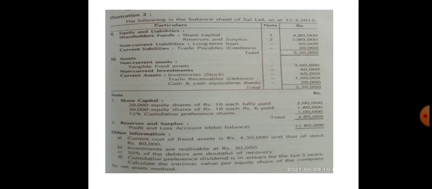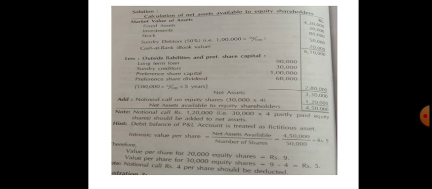Each share price is rupees 10, but shareholders paid only 6 rupees. Okay, 4 is remaining. So for these 30,000 shares, 30,000 into 4 is 1,20,000. The net assets available to equity shareholders is 4,50,000.